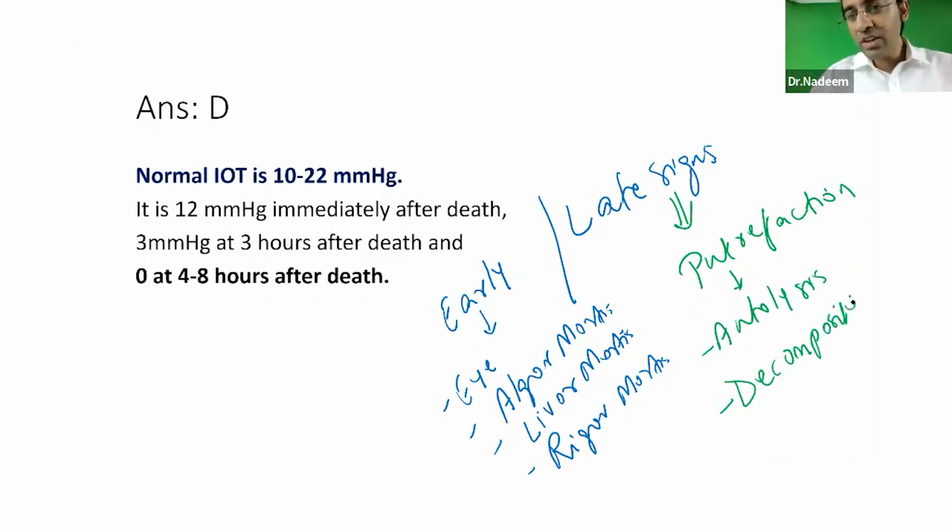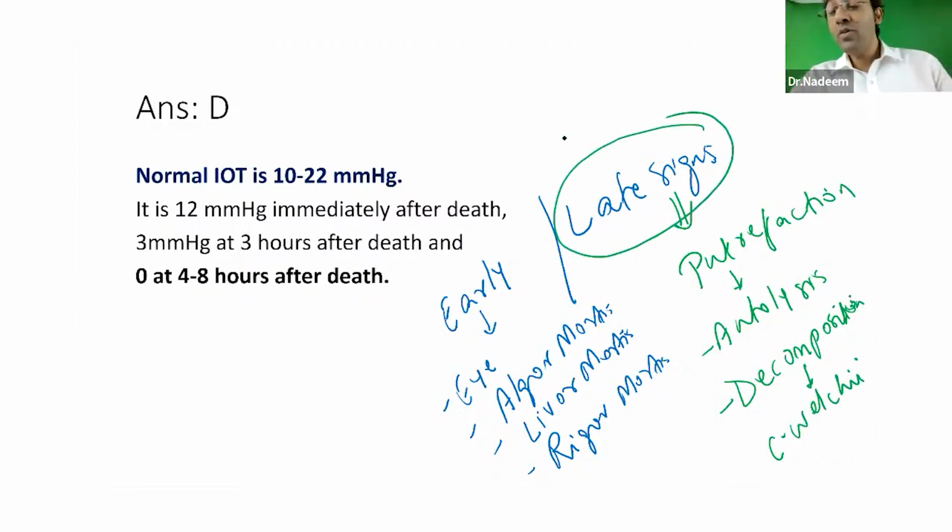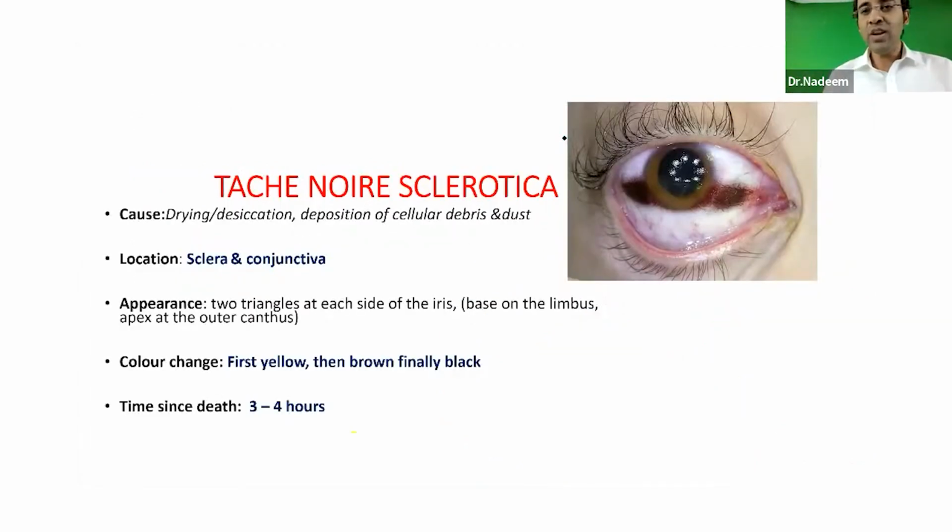What is the most destructive bacteria here? Clostridium welchii. So these are late signs. It will take few days to few weeks to few months also, where you will learn about saponification, mummification and all. Fine. So eye changes are very, very important.